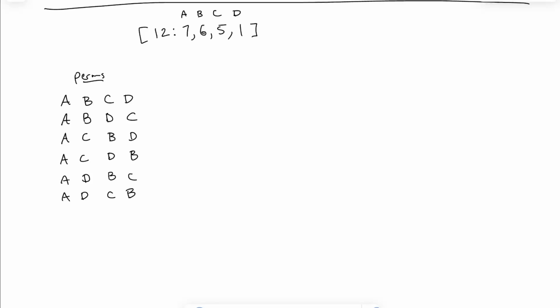We also need the ones which start with B. There's going to be 6 of those. There's going to be 6 that start with C and 6 that start with D. This is a real pain to do, and I would not ask you to do one like this on the test, just because I think it will take you a little too long to do all of them.